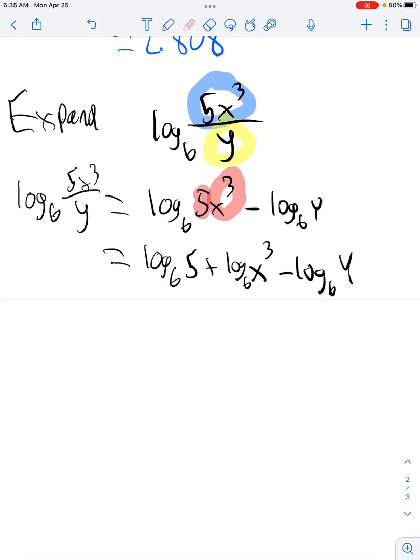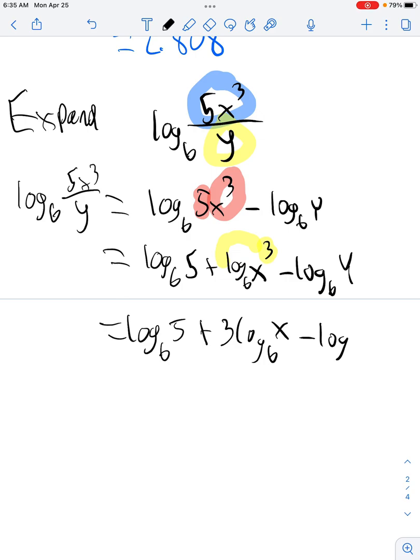And now my final thing, so I'm using all three properties here: I've got this exponent that needs to move out front. So my final expansion is going to be log base 6 of 5 plus 3 log base 6 of x minus log base 6 of y.